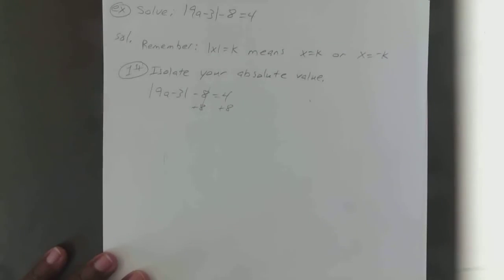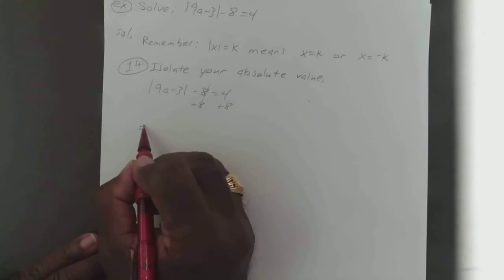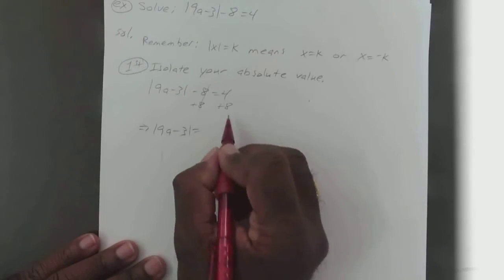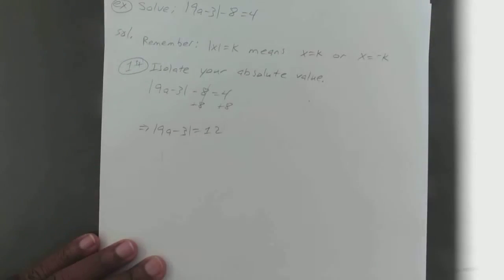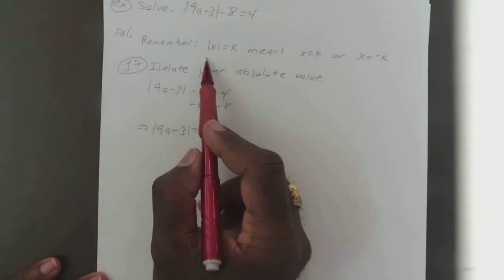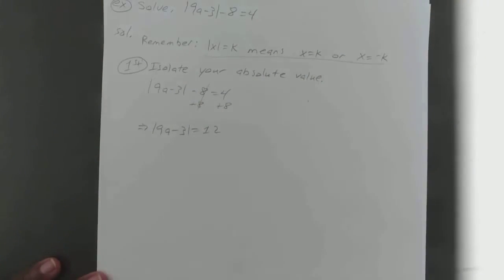That disappears, and you have the absolute value of 9a minus 3 equals 12.